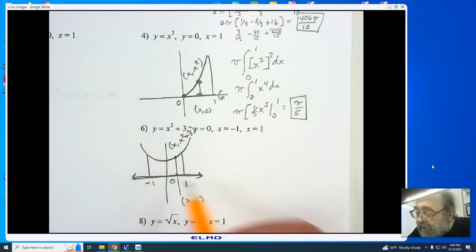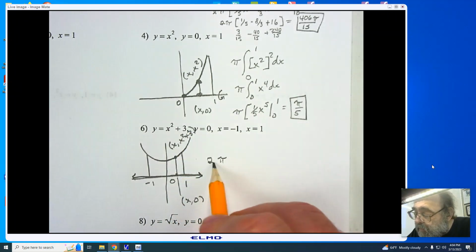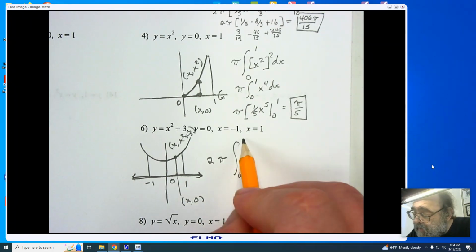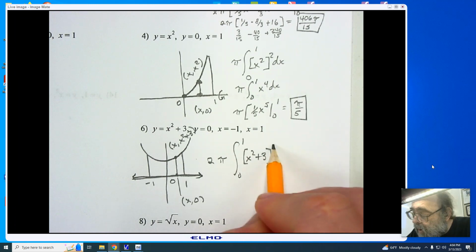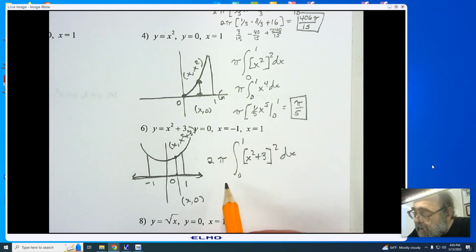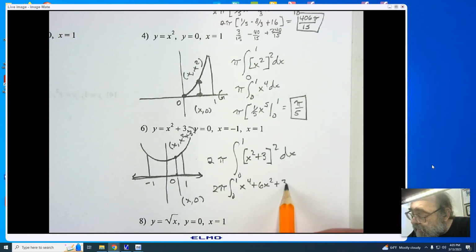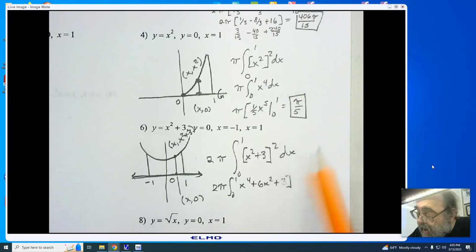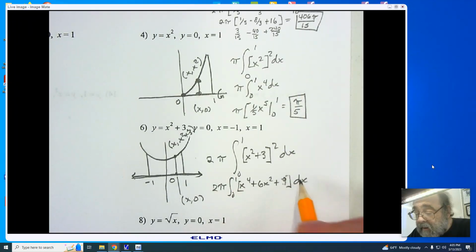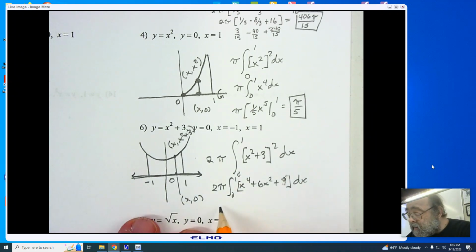I'm doing upper minus lower. So I have 2 pi to cut it in half. 0 to 1 of x squared plus 3, the quantity squared dx. And I then have 2 pi, 0 to 1 of x to the 4th plus 6x squared plus 9 dx.